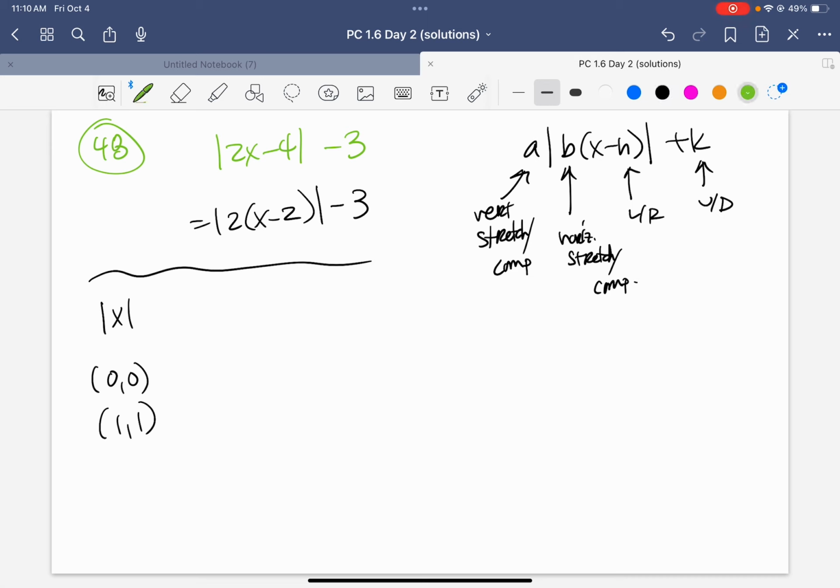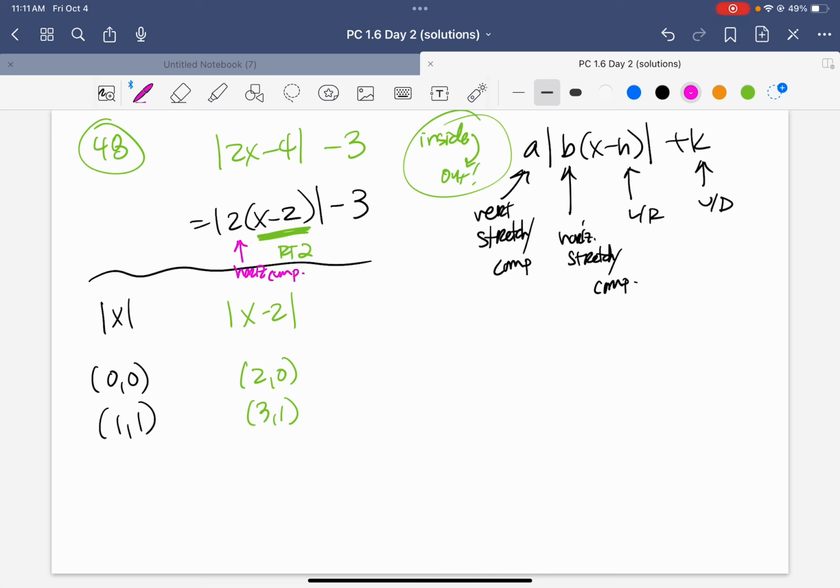So then if I work from the inside out, first I shift it to the right 2. So this would mean (2, 0) and (3, 1) are on my graph. And then if I take that and do this to it, that is a horizontal compression by a factor of a half.